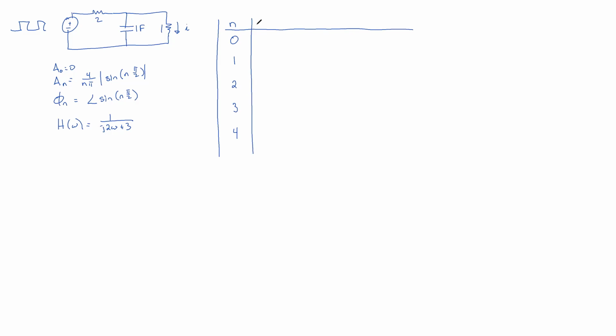And my second column is the corresponding frequency. So, I didn't write down what that fundamental frequency was. So this will have a corresponding frequency of 0, which is the same thing as DC. This will have a corresponding frequency of 2 pi, 4 pi, 6 pi, and so on.